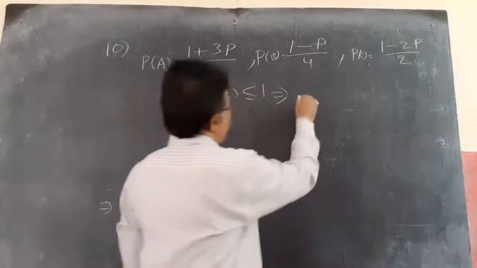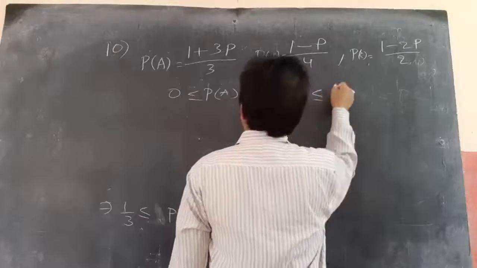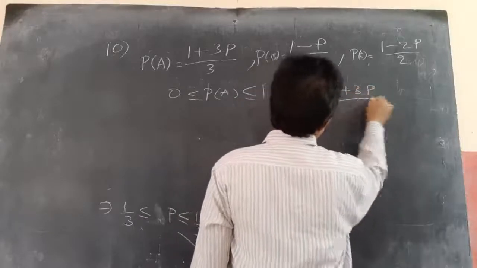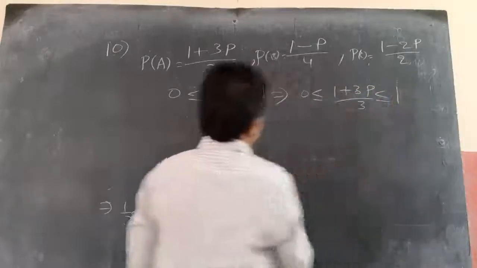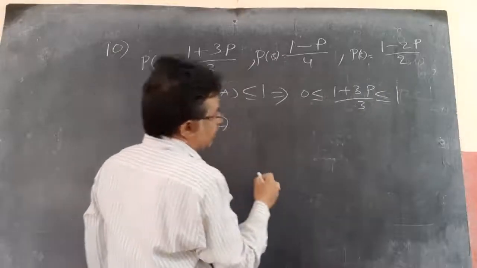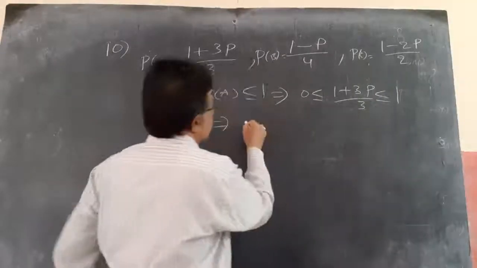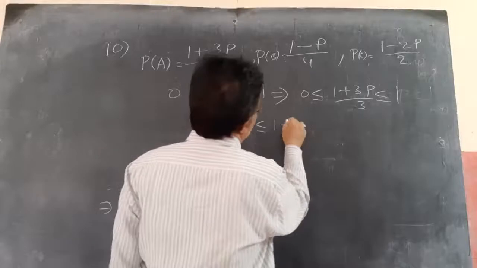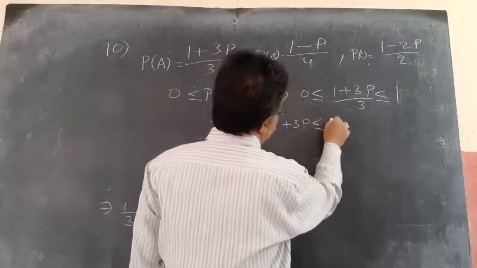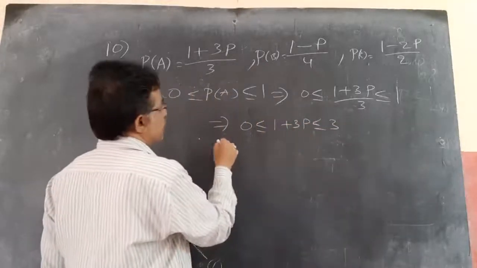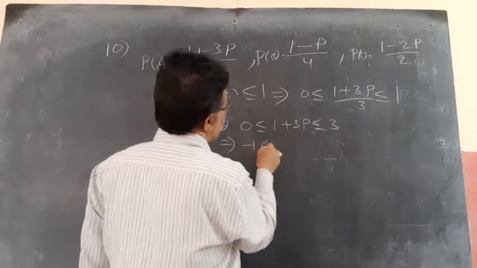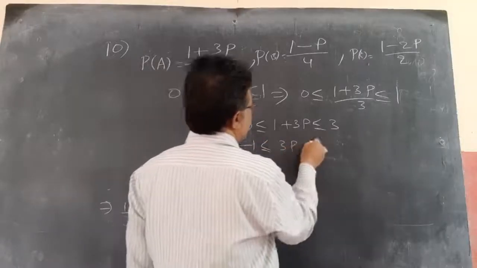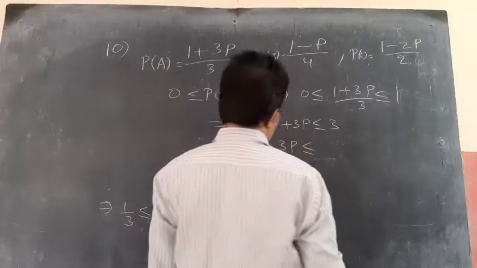Implies 0 less than or equal to 1 plus 3P by 3 less than or equal to 1. Implies if I multiply with 3 as usual, 0 less than or equal to 1 plus 3P less than or equal to 3. And if I subtract 1, minus 1 less than or equal to 3P less than or equal to 2.